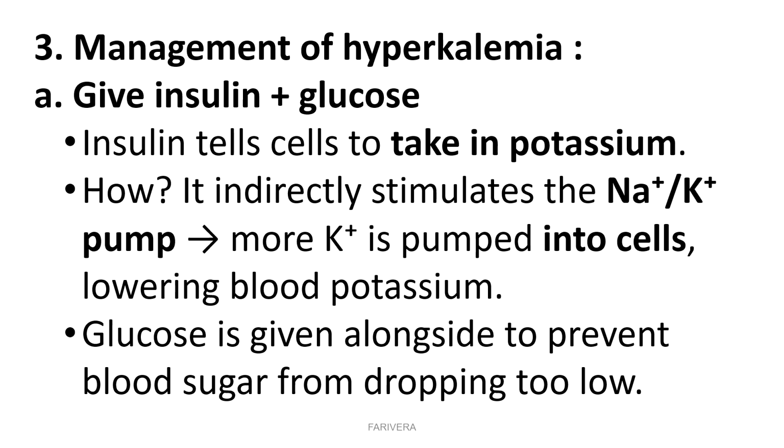So in nursing practice, this is why patients who receive insulin for hyperkalemia require close blood glucose monitoring. The drug is being used here not primarily to treat diabetes, but to temporarily shift potassium.